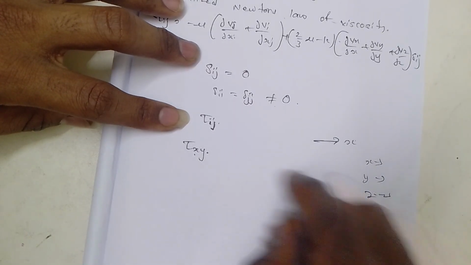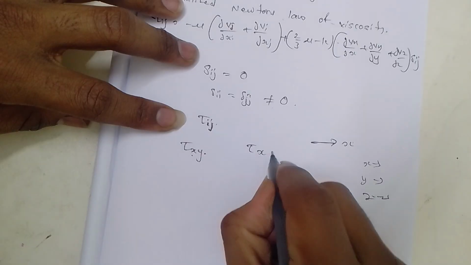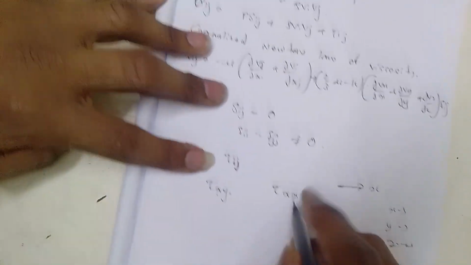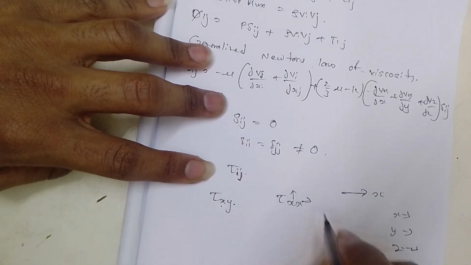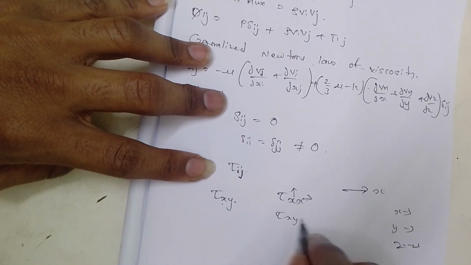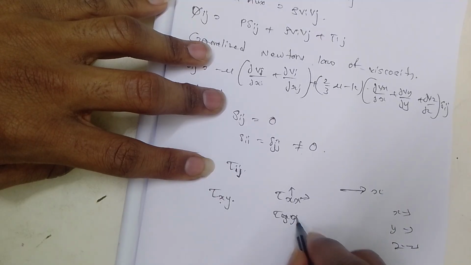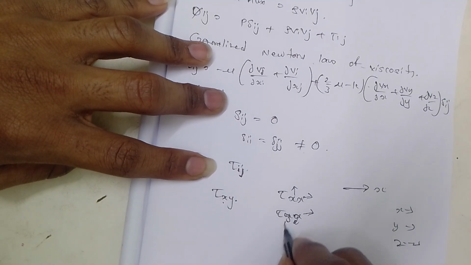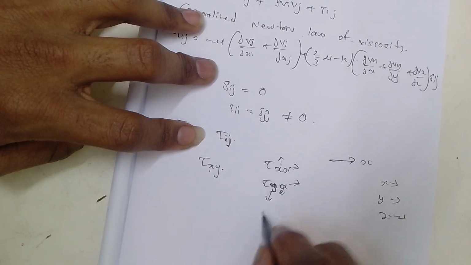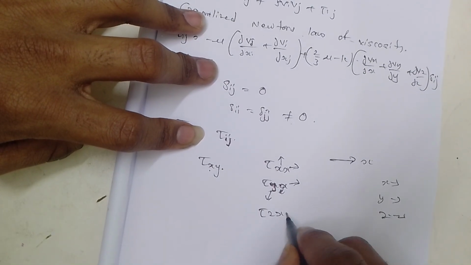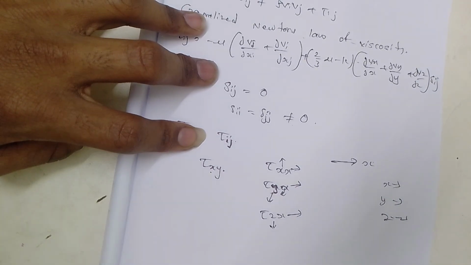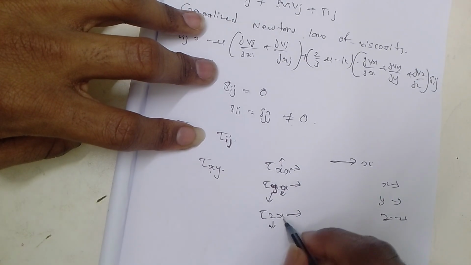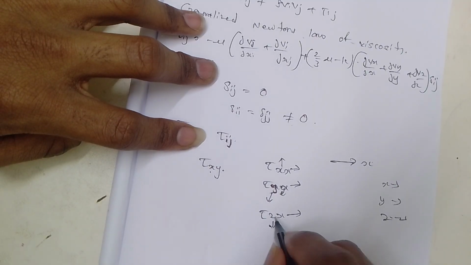So we can write tau xx, which means velocity in the x direction and momentum in the x direction, and tau xy, which means velocity in the x direction and momentum in the y direction, and tau xz, which means velocity in the x direction and momentum in the z direction. We can also say this is momentum in the z direction due to the velocity in the x direction.